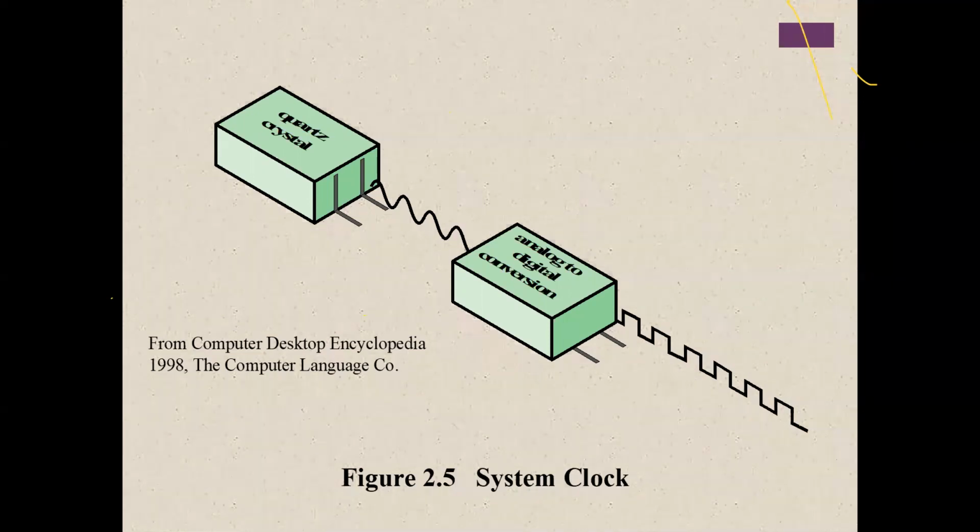So the operations performed by the processor, such as fetching an instruction, decoding an instruction, or performing an arithmetic operation, and so on, are all governed by this clock cycle.